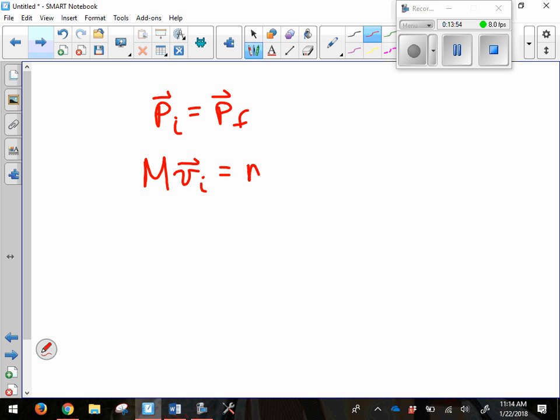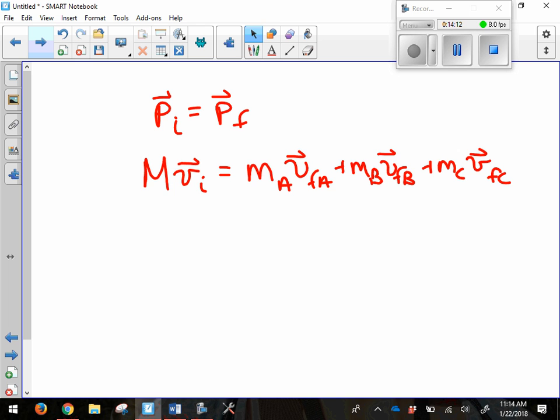Afterwards, I'm going to have the mass of A times V final A, plus the mass of B times V final B, plus the mass of C times V final C. What am I trying to solve for?